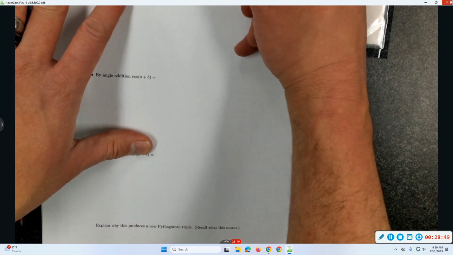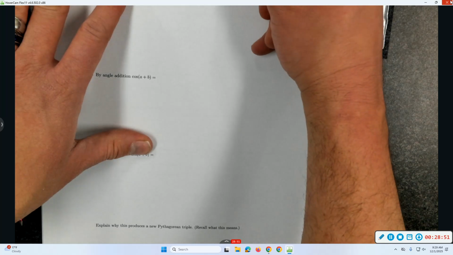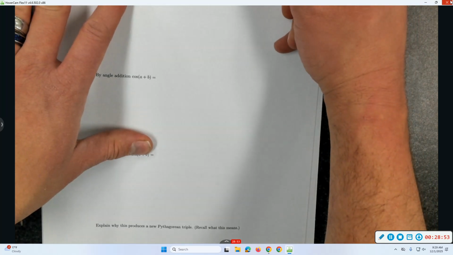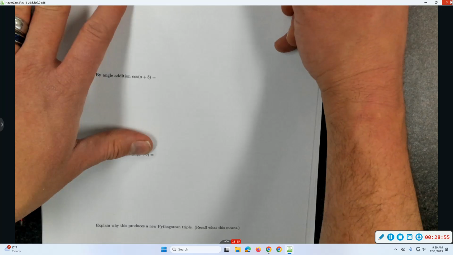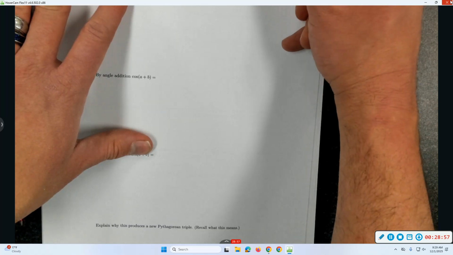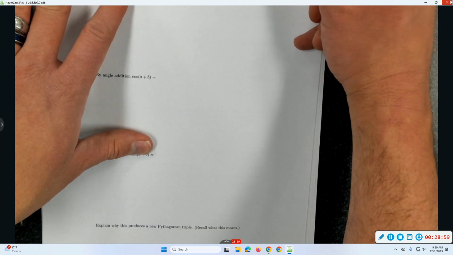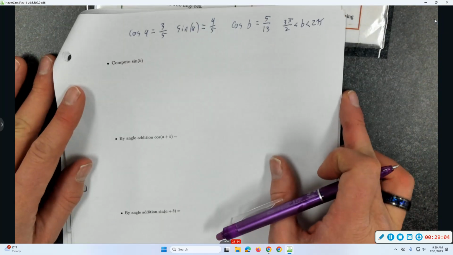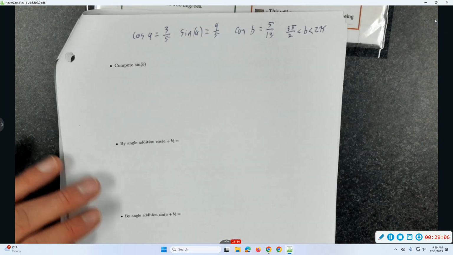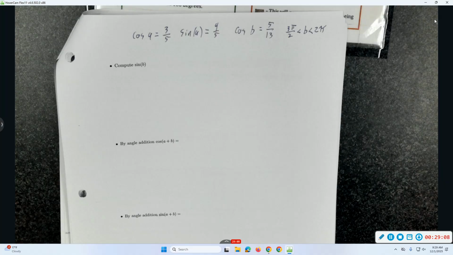I know cosine of B is 5/13, and I know 3 pi over 2 is less than B is less than 2 pi. That wasn't on the screen at all. All right, so next thing we need to figure out is sine of B. That's easy enough though, right?